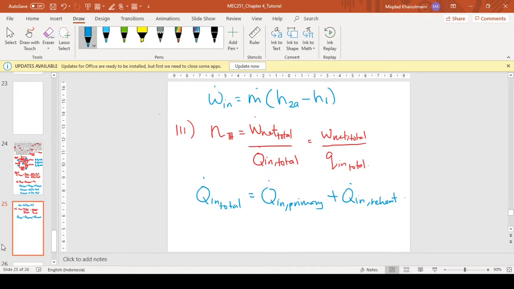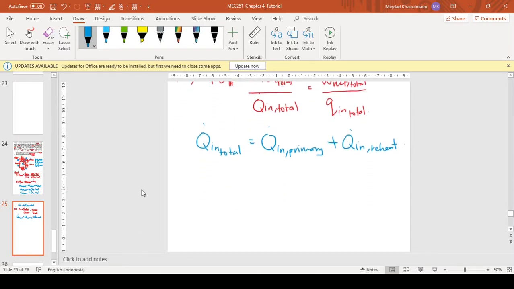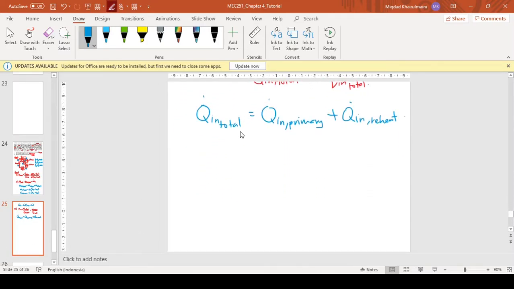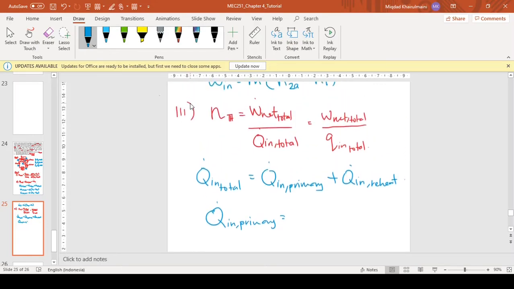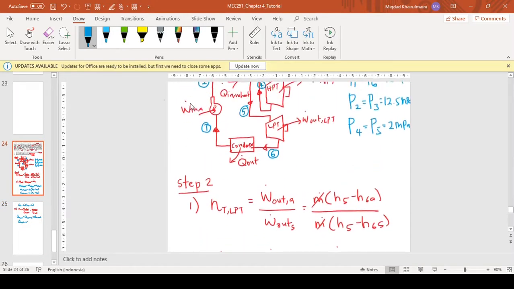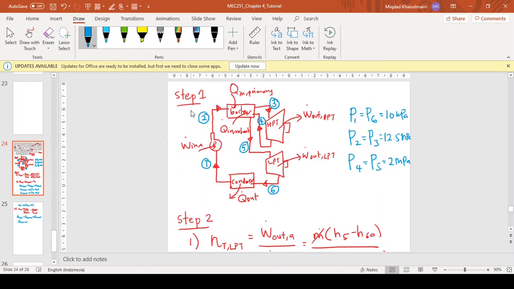So we can write it individually. For Q in primary, referring back to the schematic diagram, the schematic diagram will tell us which states are involved. For the primary, it's state 3 and state 2. For the reheat, it's state 4 and state 5.